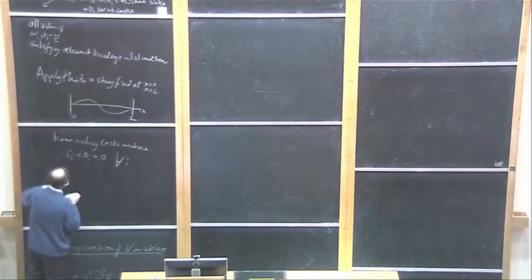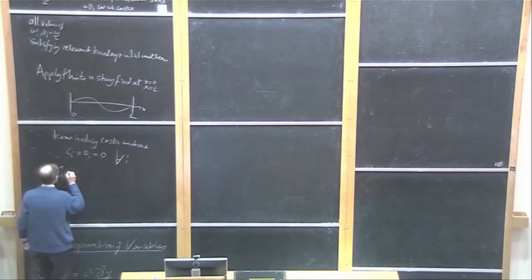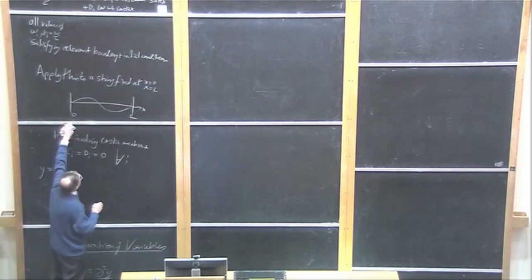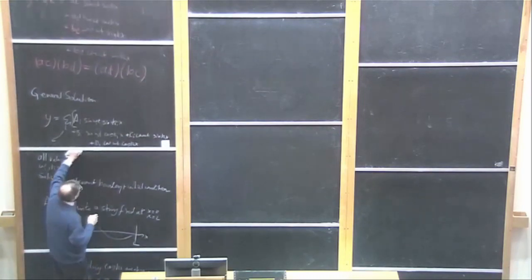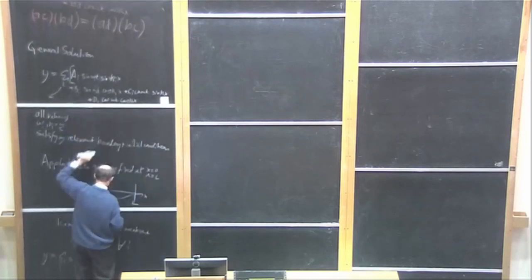Okay, so in this case, my solution is now somewhat simpler. It's y is sigma over i of cos kx. No, I need that term. That's the term I don't want. It's b and d I don't want.